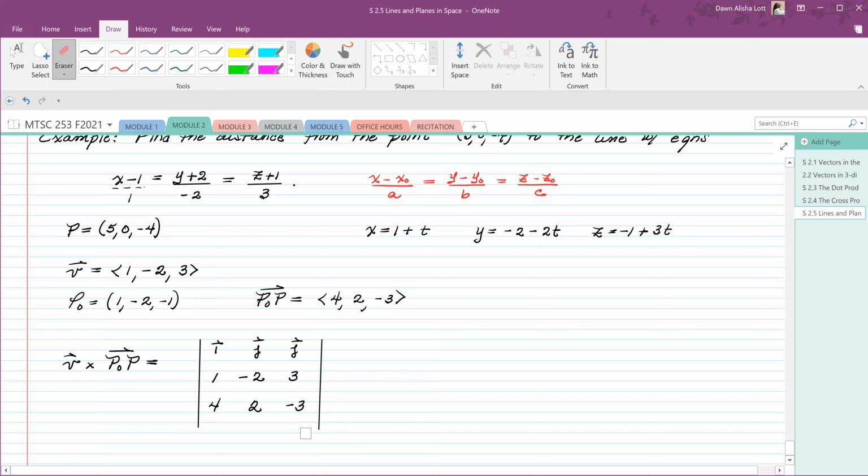V cross P naught P. And I believe this comes out to be -3 minus 12.